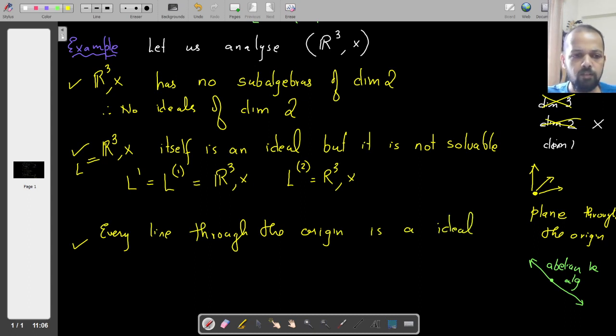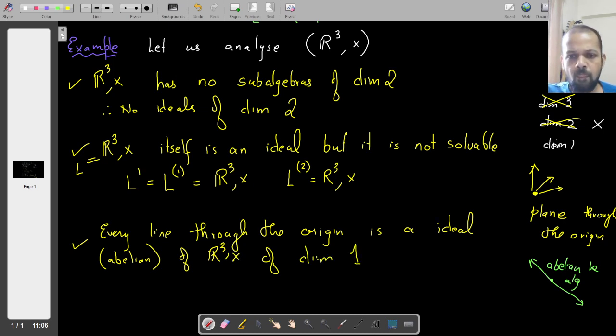In fact, it is abelian, of dimension 1. So there is a dimension 1 ideal. But are these ideals solvable? So how do you decide whether they are, oh sorry, not ideals, I'm making an error. I'm sorry, I'm making a big error here. Every line through the origin is a sub algebra, not an ideal, it is a sub algebra.